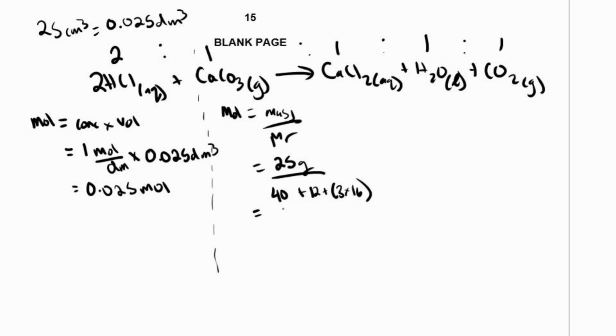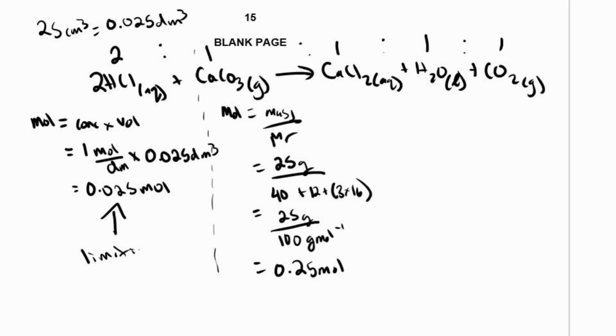So that is 25 grams divided by 100 grams per mole, which equals 0.25 moles. So you have fewer moles of hydrochloric acid, and it's a 2-to-1 ratio, so the hydrochloric acid is the limiting reagent.